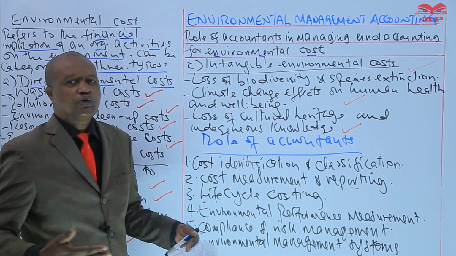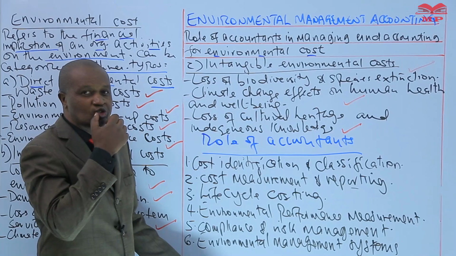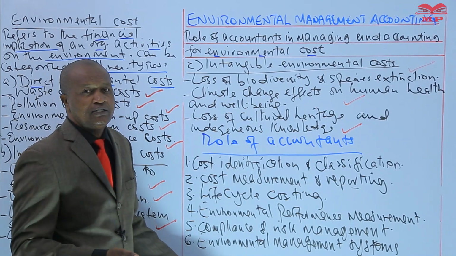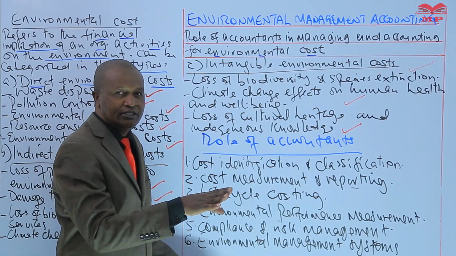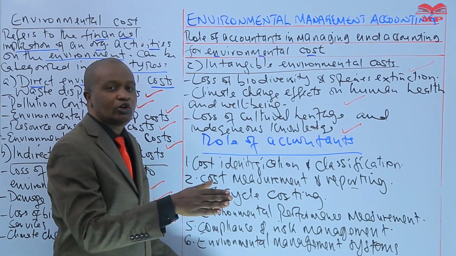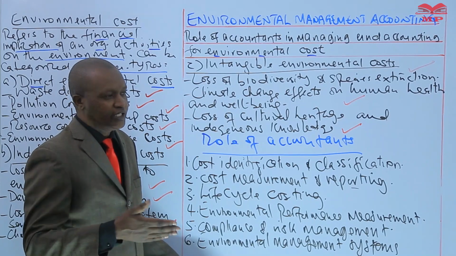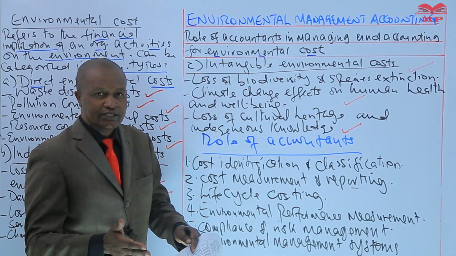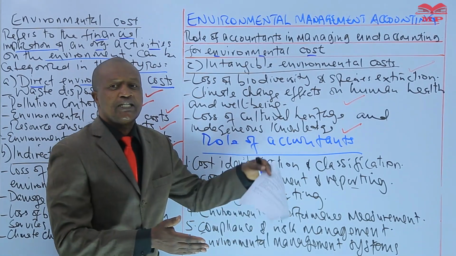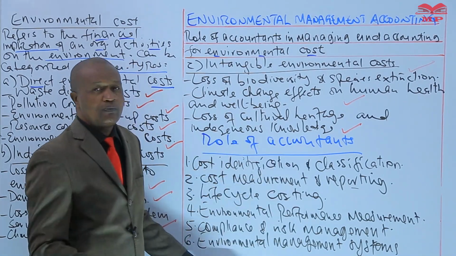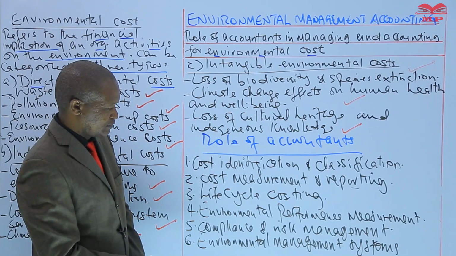Accountants may contribute to the development of and also the implementation of environmental management system frameworks. They may also help in alignment of environmental objectives with overall business goals. And here the accountants integrate environmental considerations into strategic planning and decision making processes. All right?